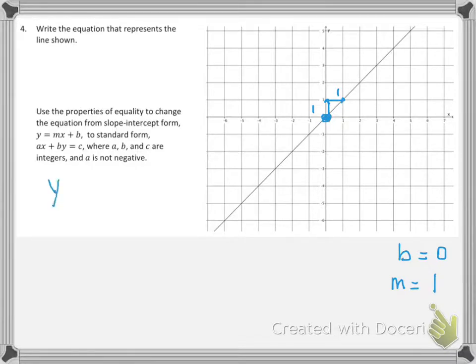So y equals, my slope is 1x, or just x, and plus 0 I don't need, so my equation is y equals x. To make this into standard form, just subtract x from both sides. I get -x plus y equals 0. There's nothing left on the right side, so that's equals 0. And that is our standard form.